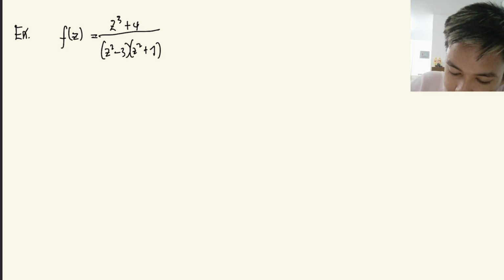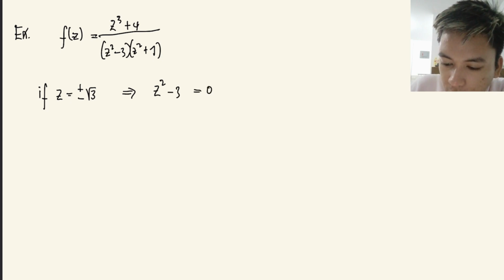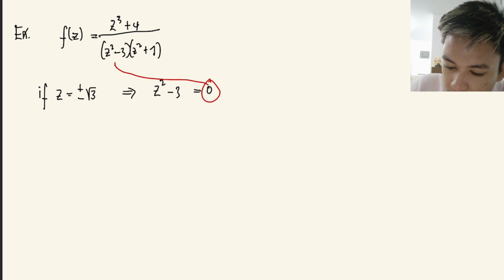Why? Because if z equals plus or minus square root of 3, then z squared minus 3 is equivalent to 0, and we should not consider those values.